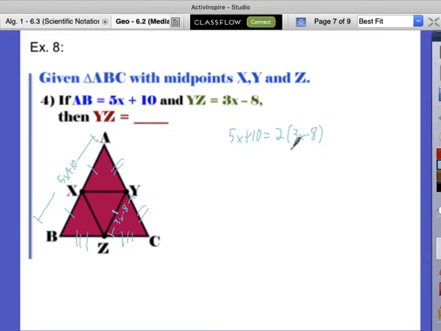Hey, how tall are you? 5'4". Did you set those equal to each other? Then you gotta plug it back in.